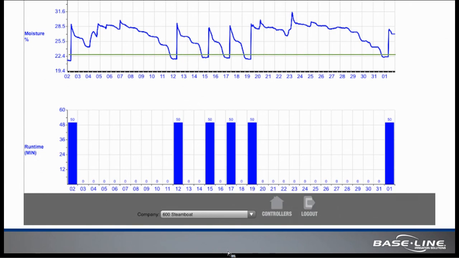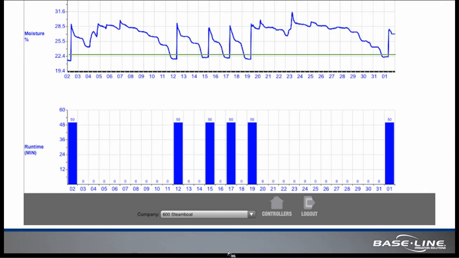A threshold was set in the controller just below 24% volumetric moisture content. Start time was available every day for this system to run, and when the system did run, that zone where the sensor was buried was running for 50 minutes.